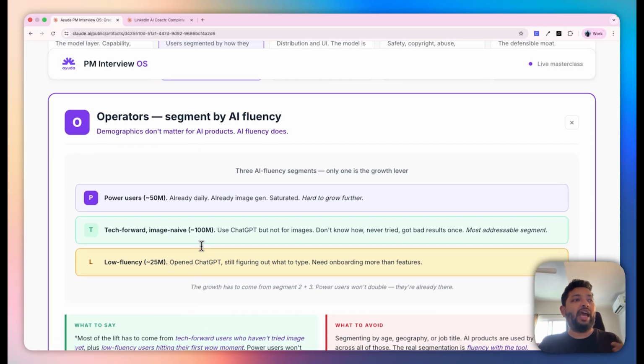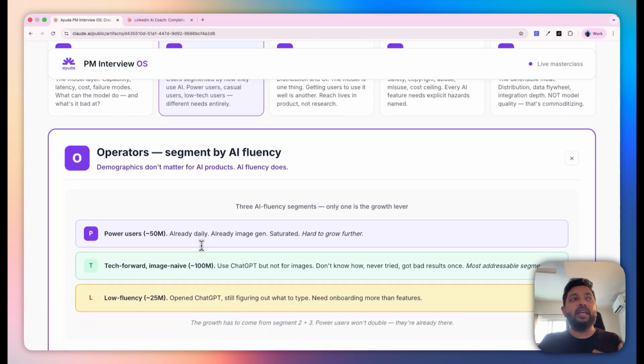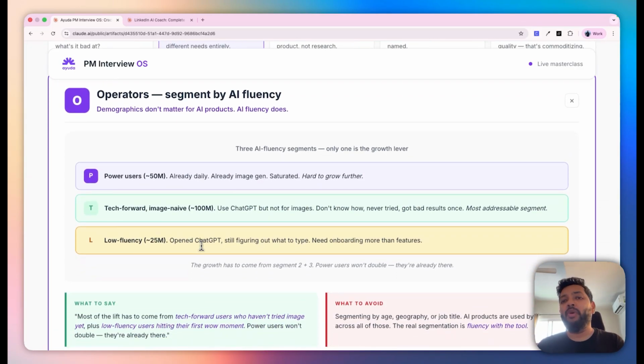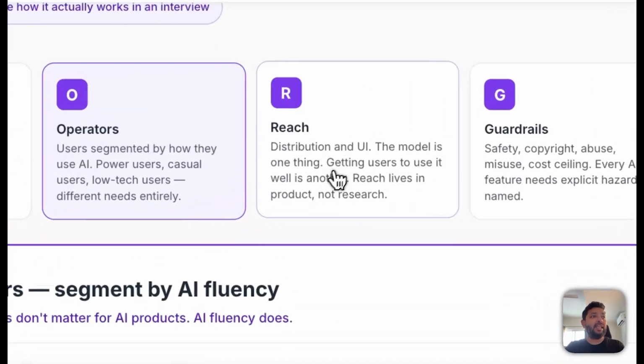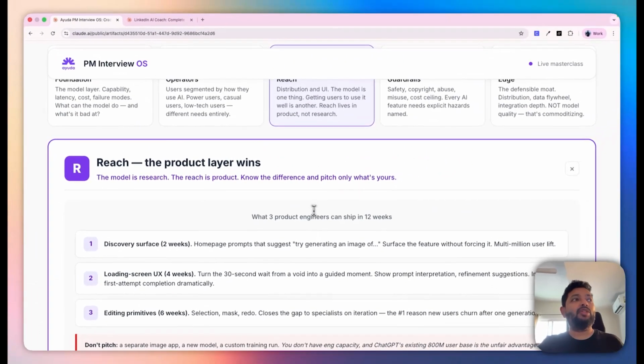Right now, you can pick any of these. Typically, the most common one is the one that most people pick, and that's what I would recommend you to pick also in an AI product sense question. It's good that way. So you start with that, and then you move to the next piece, which is reach.